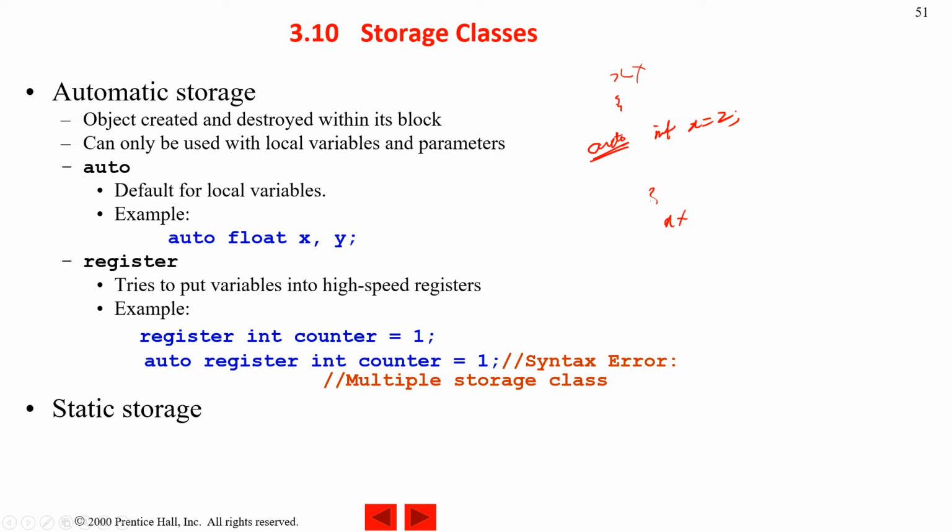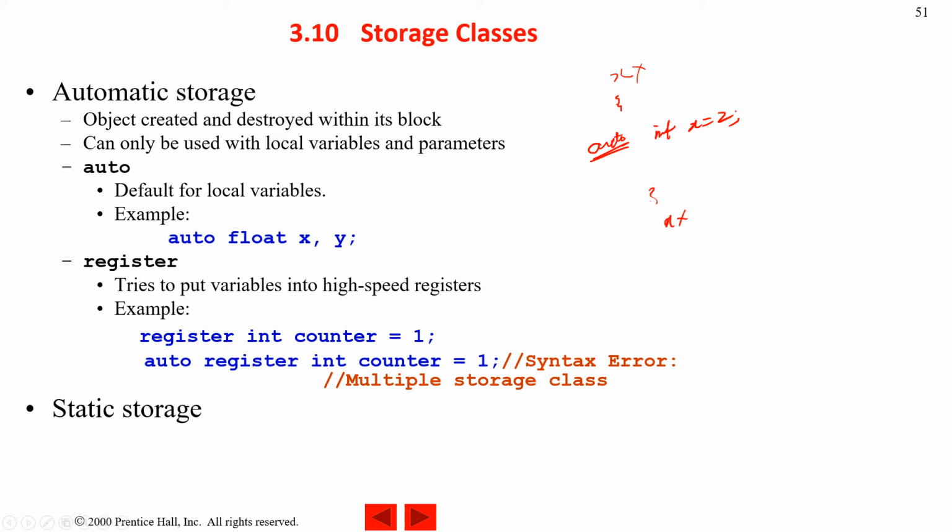That's all this is trying to say. And you cannot use auto and register together, that is not possible, because this is a conflict. Either it has to be auto or register. So anyway, this register is not that important. The auto is important, but it is the variable that you have been using throughout this course.